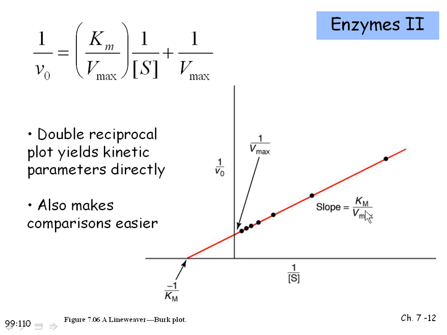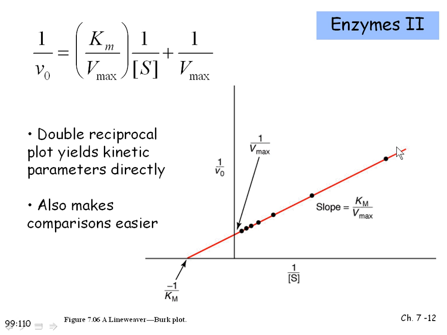And you can get a certain number of points by measuring your enzyme activity at several different concentrations. The slope of that line will be the Km over the Vmax. The intercept with the x-axis is 1 over the Km. The intercept with the y-axis is 1 over Vmax.